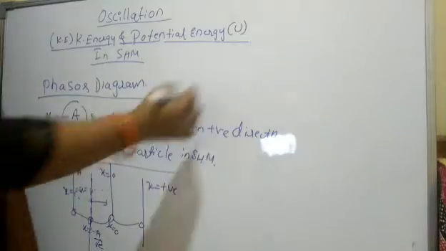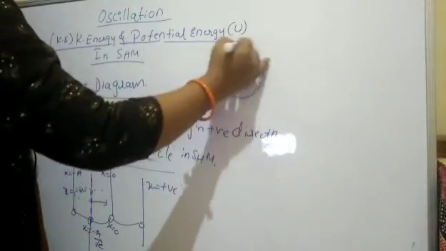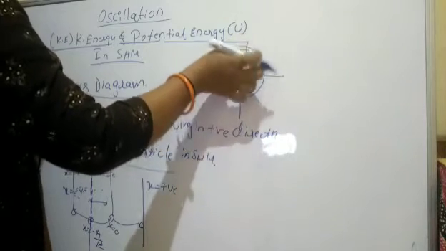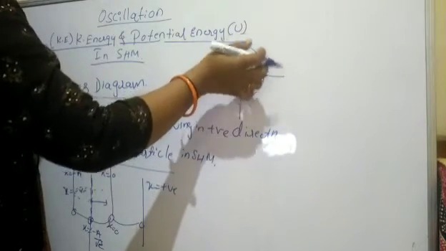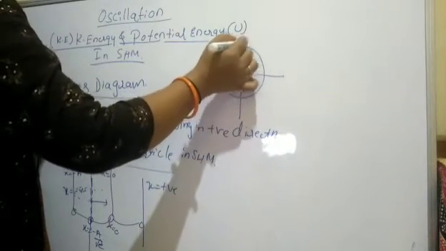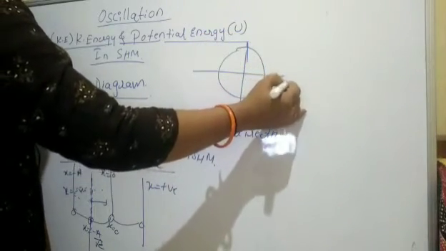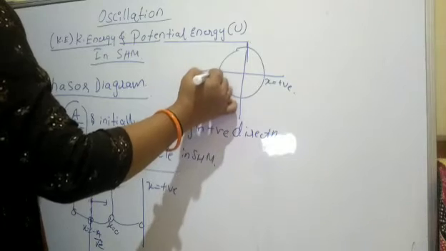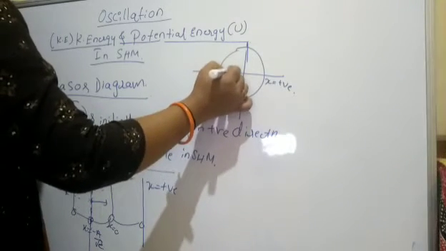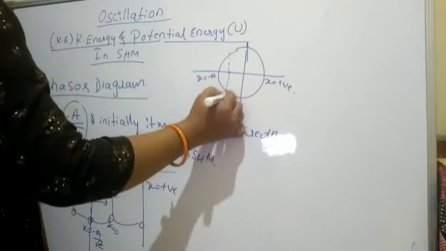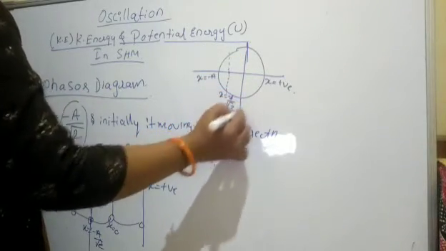With the help of the phasor diagram, we can solve the question. Is it possible? It is possible, right? Now this is x equal to minus a, and the particle is here at x equal to minus a by root 2.